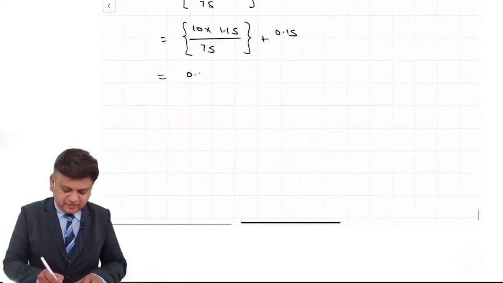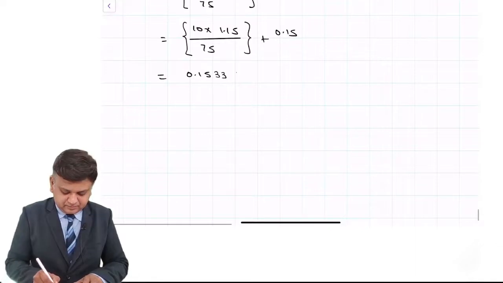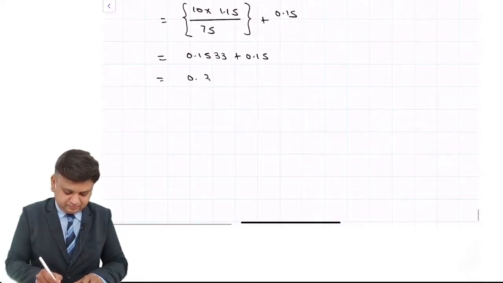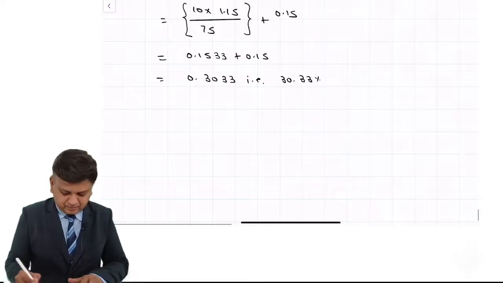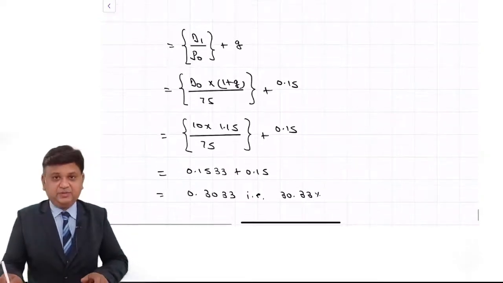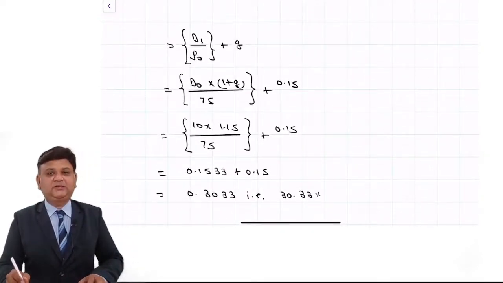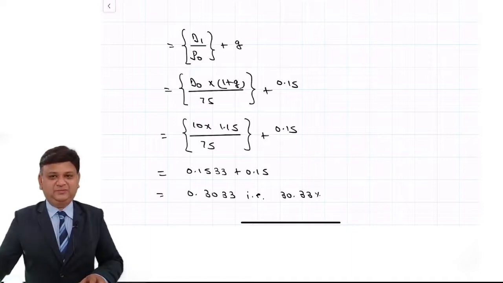So it is 0.1533 plus 0.15, 0.3033, that is 30.33%. This is the way cost of equity is found.